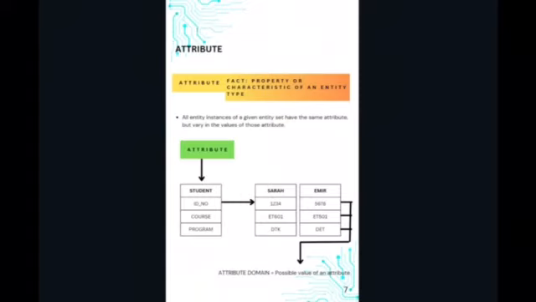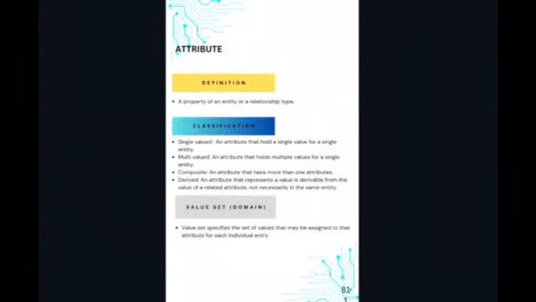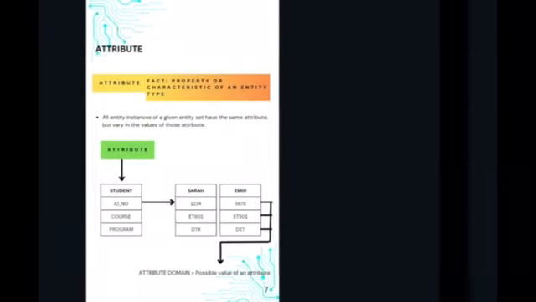Attributes are the same as in the first slide. We have attributes: student, ID number, course, program.